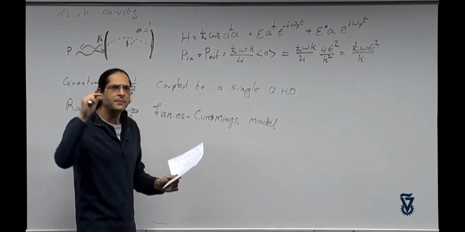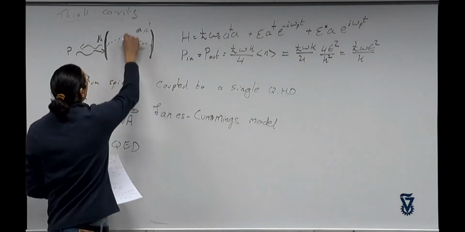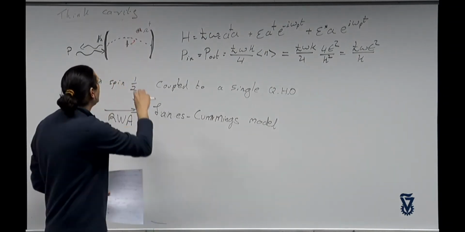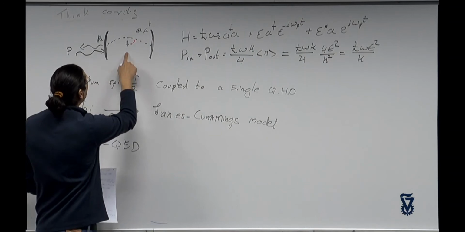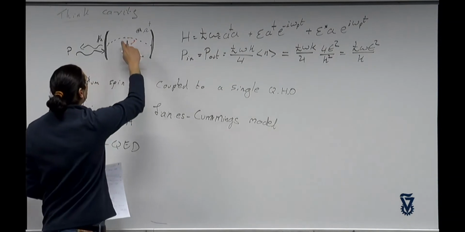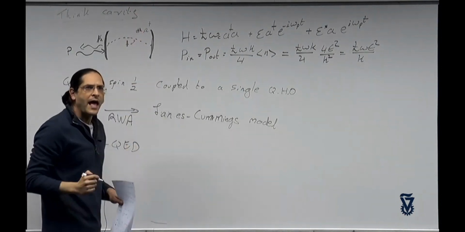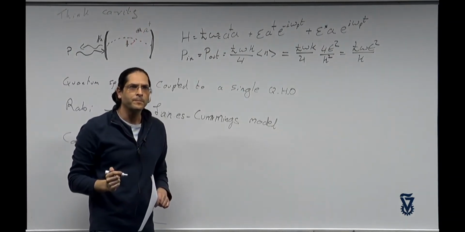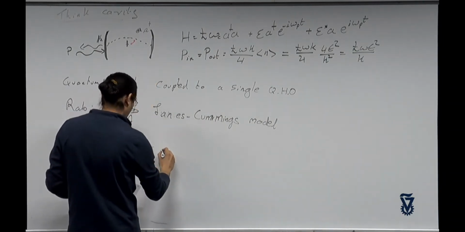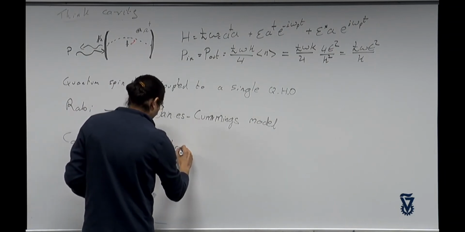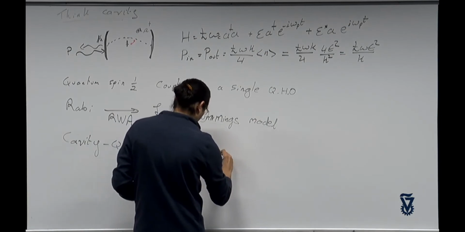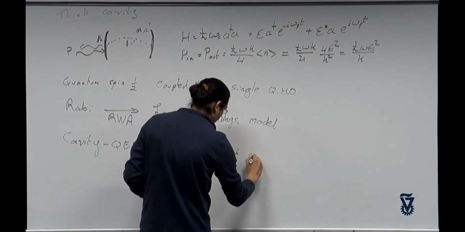You don't trap them, you just send them through and they go flying through the cavity. So there's some interaction time where the atom flies through. Two levels, which are effective dipole, interact with the electromagnetic field, and then the atom flies out. So that's cavity QED: atom flying through cavity.